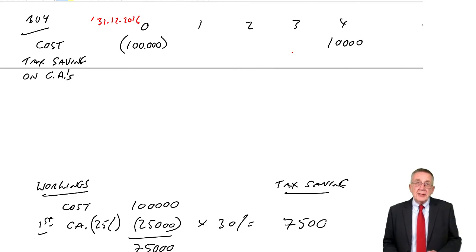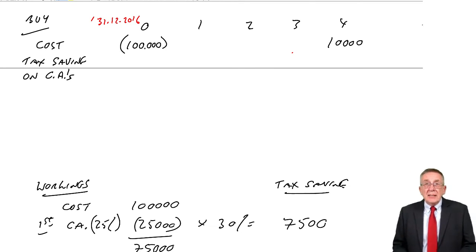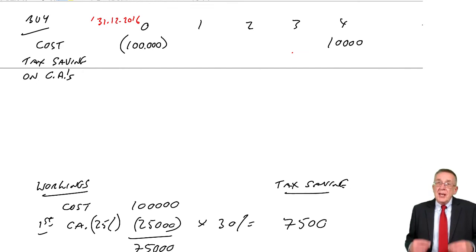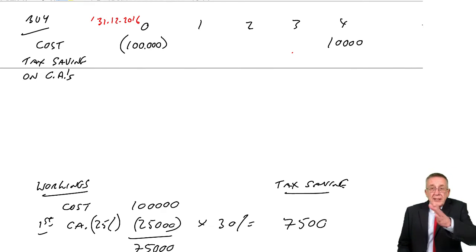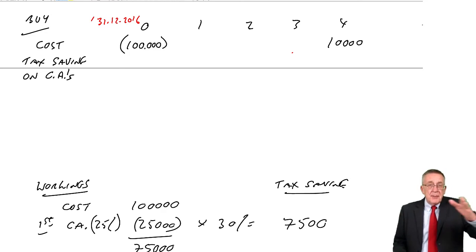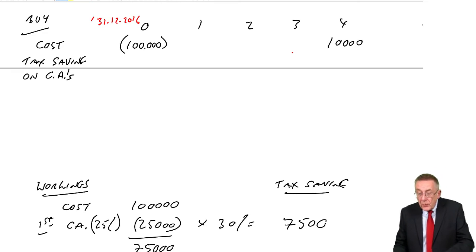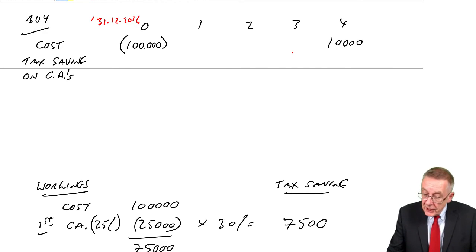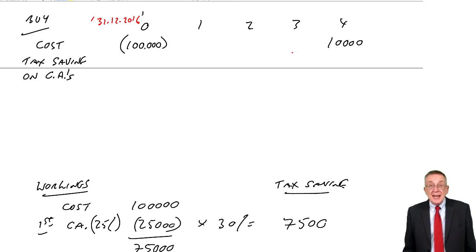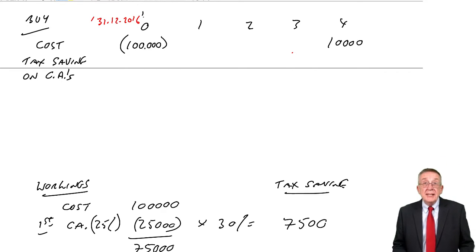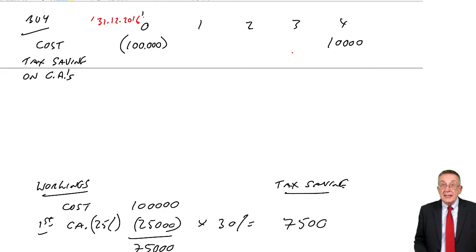Well, I know you might not all have done paper F6, but you always get capital allowances calculated in the year in which you bought the machine. Doesn't matter when you buy it during the year, whether you buy it at the beginning, in the middle, at the end. We bought this machine in year ended December 2016. The allowances would therefore be calculated at the end of the year. They'll be calculated immediately, December 2016.